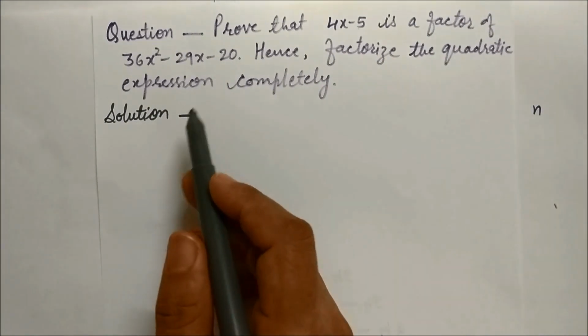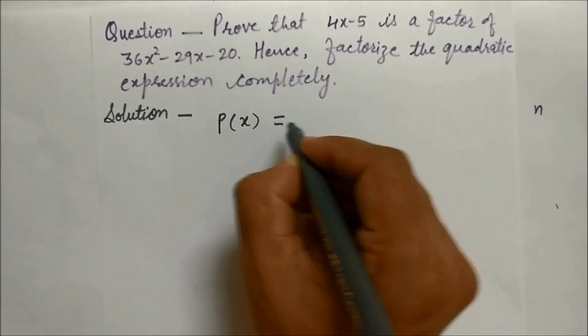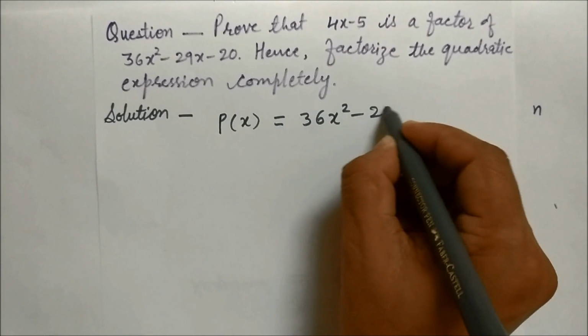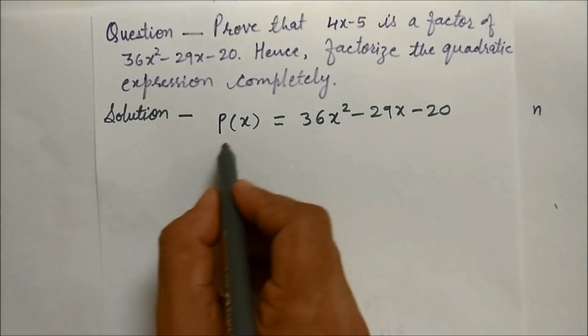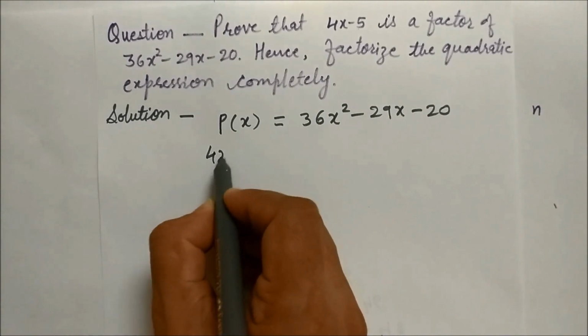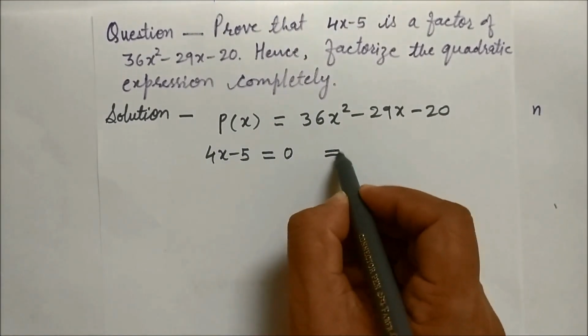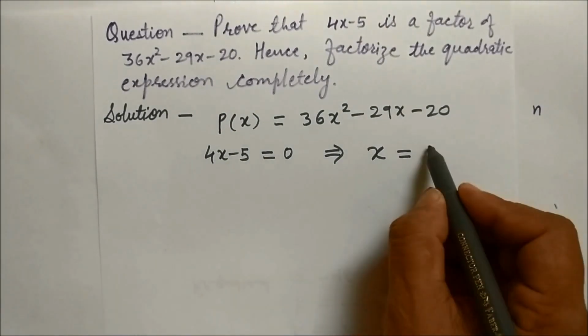So first of all, let the polynomial be p(x), and this is equal to 36x square minus 29x minus 20. And since this polynomial is divided by 4x minus 5, we write 4x minus 5 is equal to 0. Therefore x is equal to 5, we write on the right hand side.